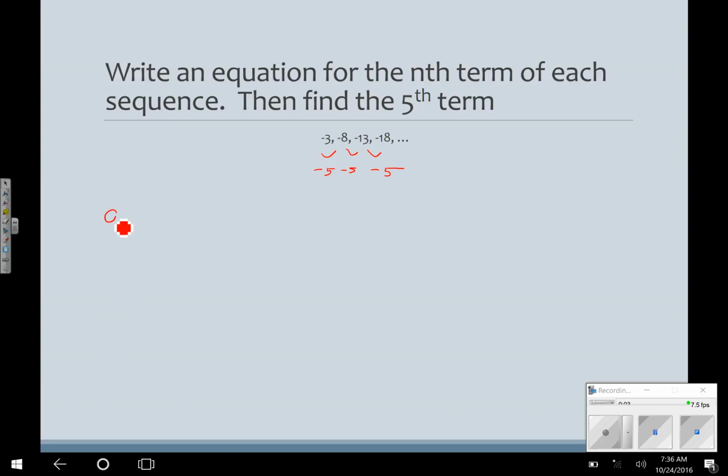So our formula is a sub n equals a sub 1 plus n minus 1 times the common difference. We don't know what term we're talking about, so we're going to leave the a sub n alone. Our first term is negative 3, so it's going to go in here. Plus, we're going to leave the n minus 1 alone for now. And our common difference is negative 5. So there is the formula for finding the nth term. Now, it can be simplified if you chose to, but this is what we're really looking for.